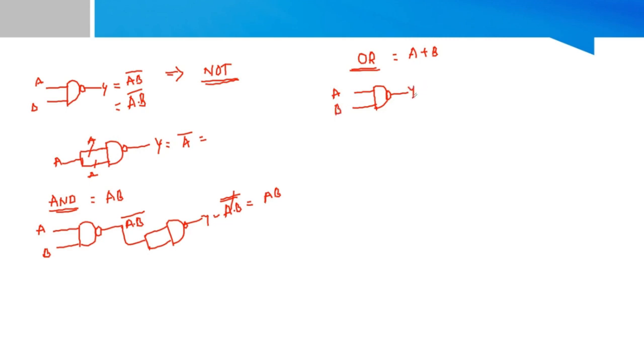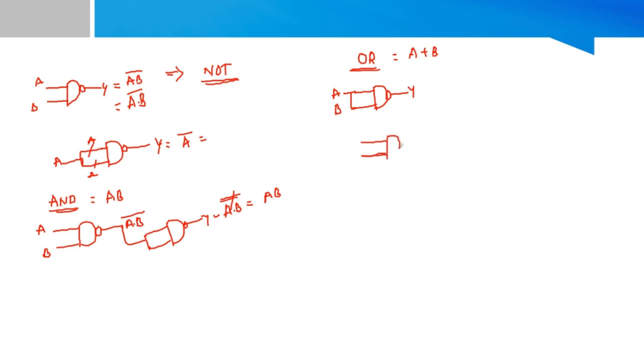So how will we implement the OR gate? Here we need three NAND gates. The first two NAND gates will be shorted like in a NOT gate, and the output of both the NAND gates will be given as input to a single NAND gate.